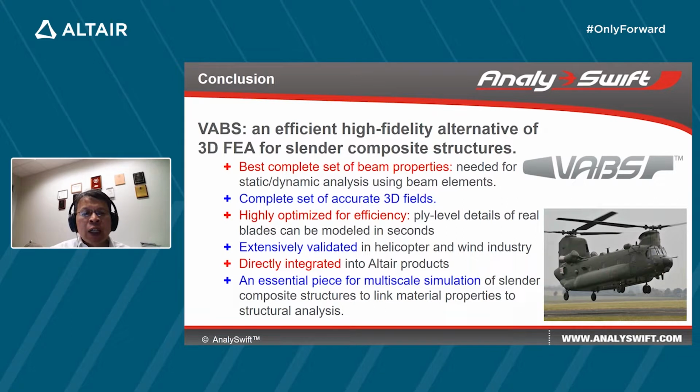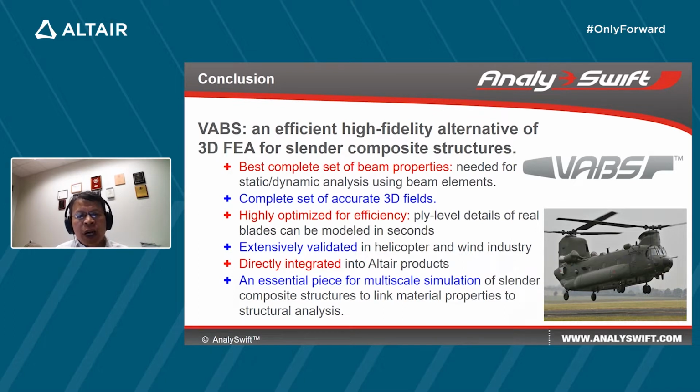WEBS can compute the complete set of beam properties needed for any static and dynamic analysis using beam elements. It can also recover the complete set of accurate 3D stresses, which are needed for detailed stress analysis or strength and fatigue analysis. And it is highly optimized for efficiency.